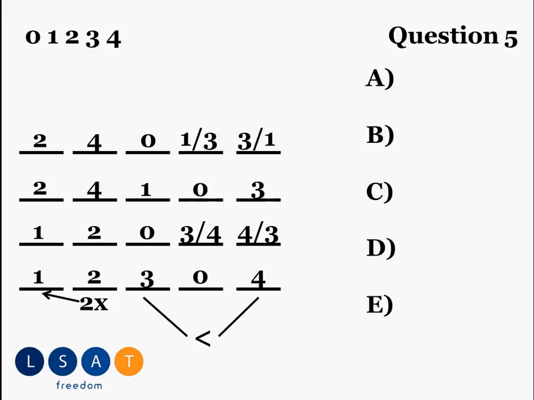Okay, question 5. Question 5 asks us what has to be true about all of these possible product code arrangements that we've created here. So A tells us that there's only one space between 0 and 1.